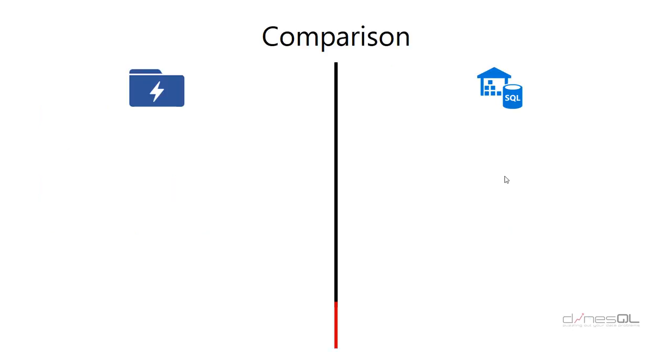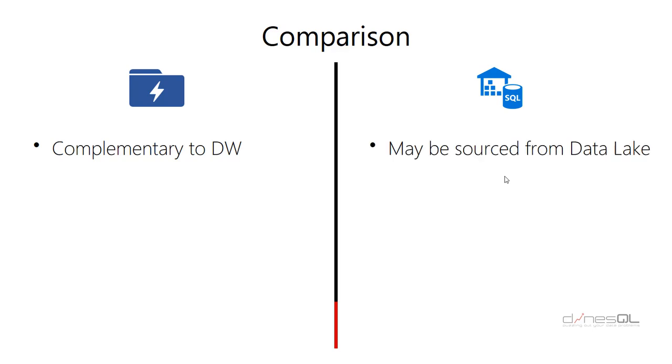In this slide, let's try to understand a few more differences. We know that Azure Data Lake is complementary to the data warehouse, and data lake can be used as a source for the data warehouse. In data lake, we always store raw data or detailed data.